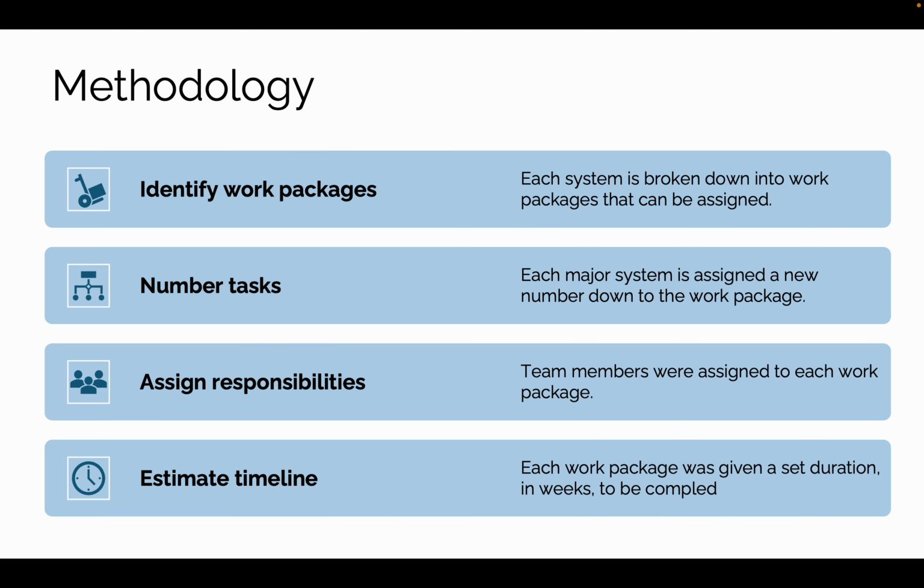So we are diving deep into how we came about our solution. We identified each vessel system and looked through and identified sub-level tasks within the systems. For example, the hull. So we need to construct the hull.